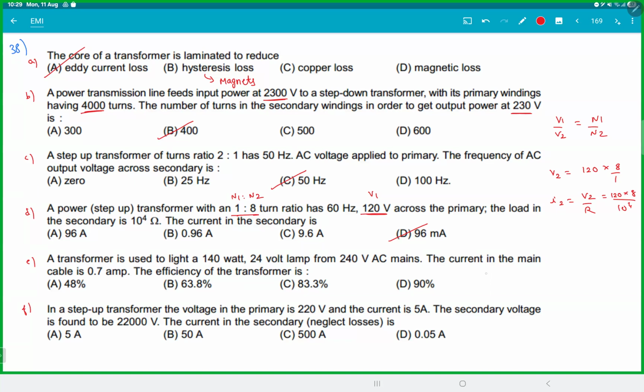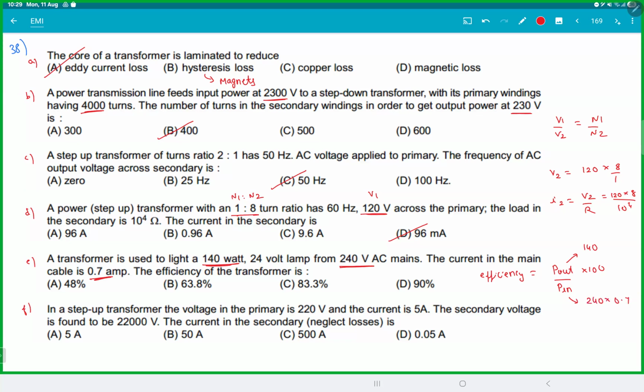What is this efficiency? Power output by power input into 100. यहाँ पे transformer uses 140 watt. So power output is 140. Power input is 240 and the current is 0.7. And this is 240 into 0.7.